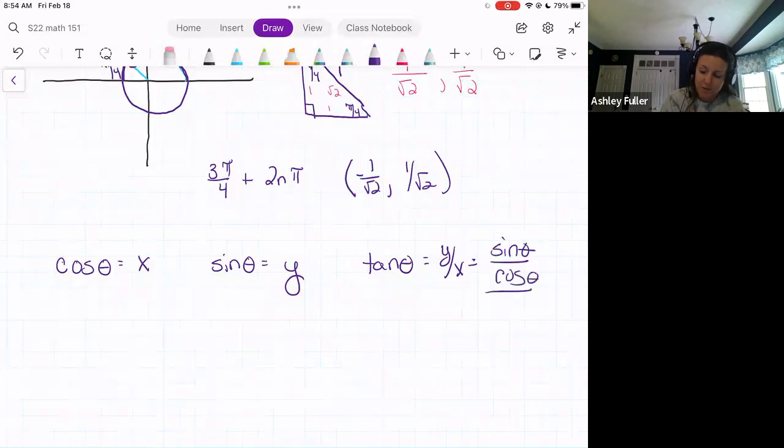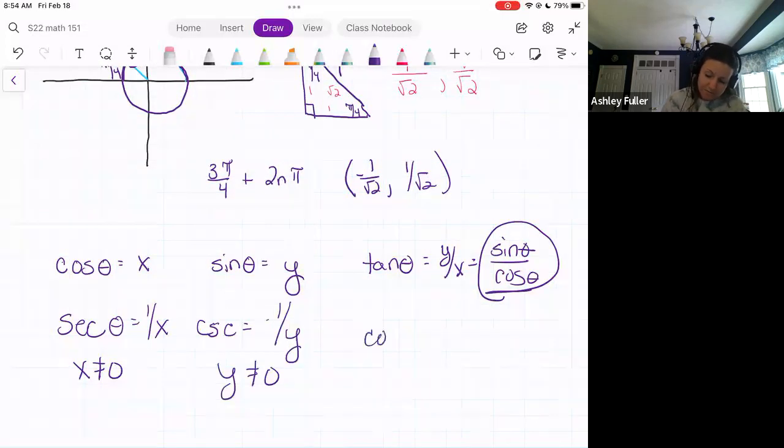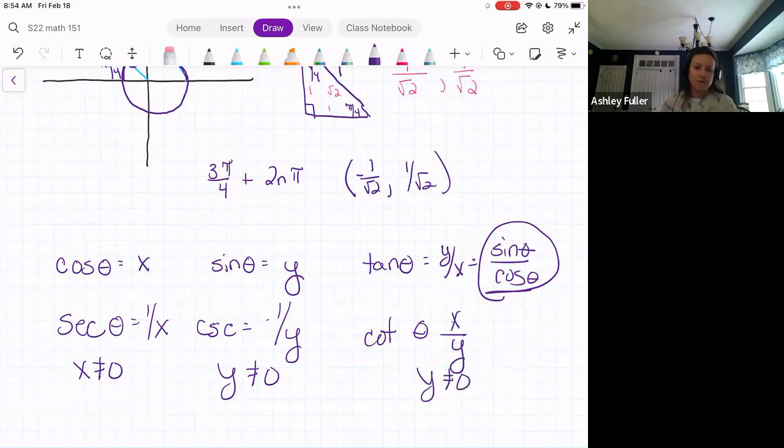And that's a very important relationship that you're going to need. And then notice that secant of theta is 1 over x, except where x is 0. Cosecant is 1 over y, except where y is 0. And cotangent of theta is x over y, again, except where y is equal to 0.